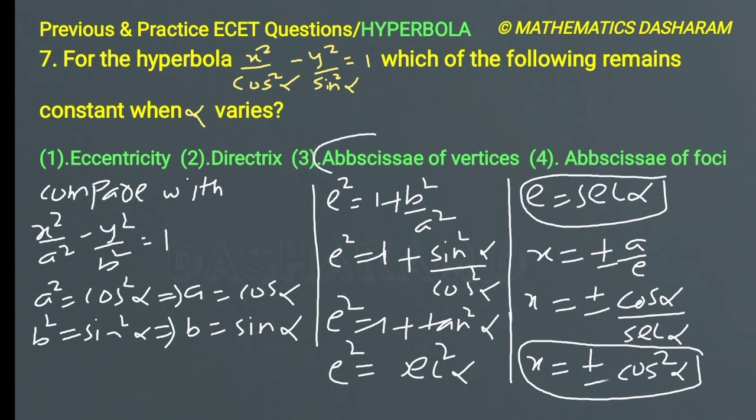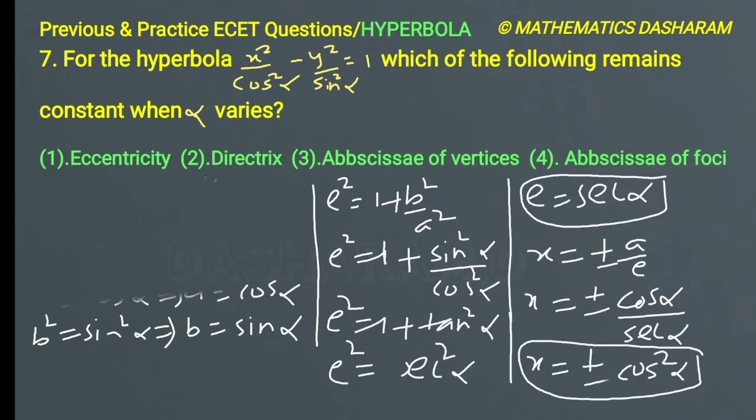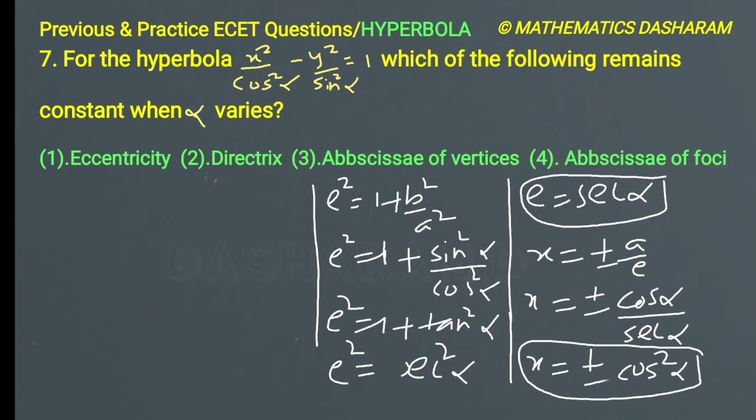Next, abscissa of vertices. Abscissa means, for example, (3, 2) is one vertex. Here 3 is called the abscissa, 2 is called the ordinate. So the vertices of a hyperbola are (plus or minus a, 0).